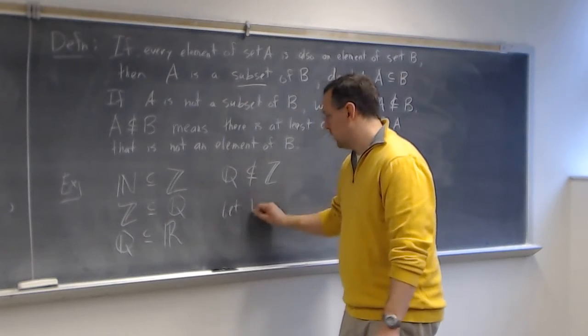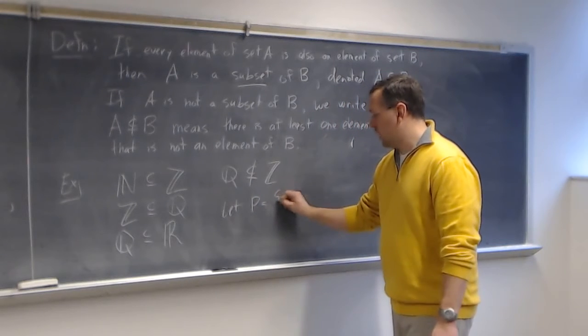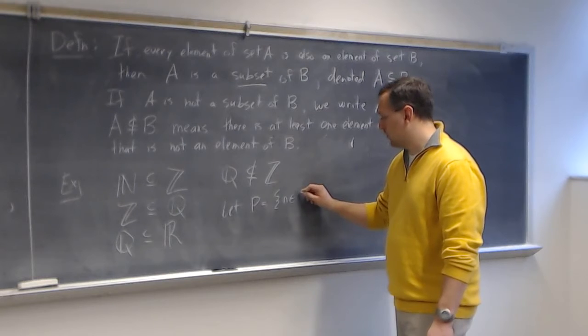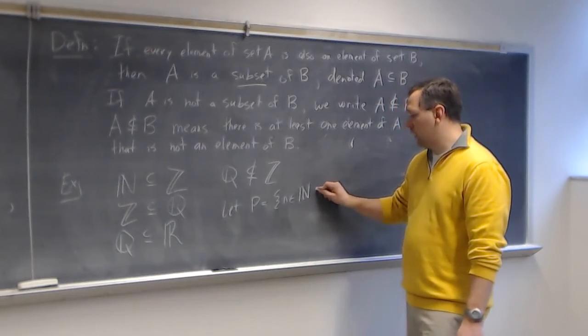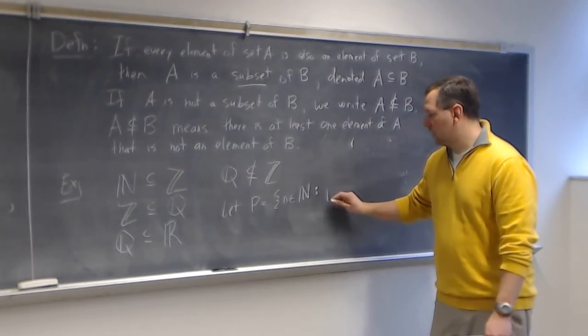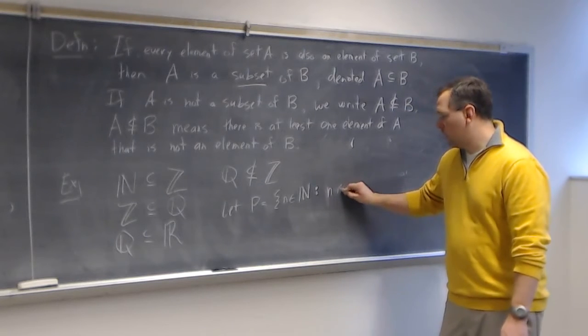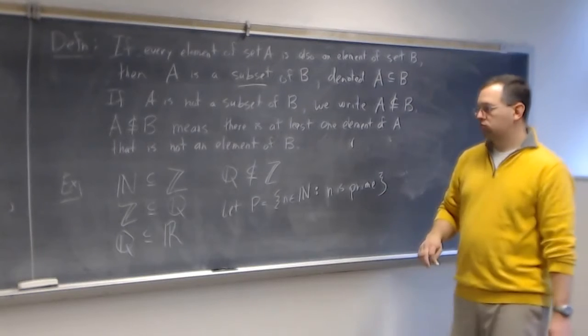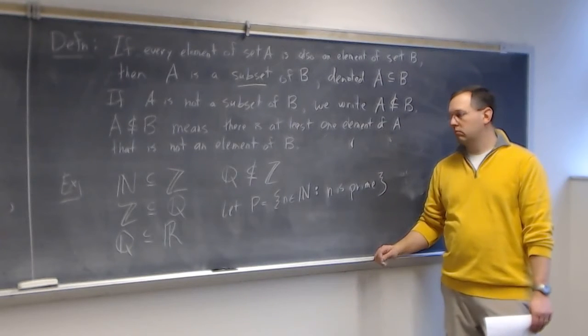Okay, how about I define a set? Let P be the set of prime numbers. So I'm going to write it like this: the set of natural numbers n such that n is prime. Okay?